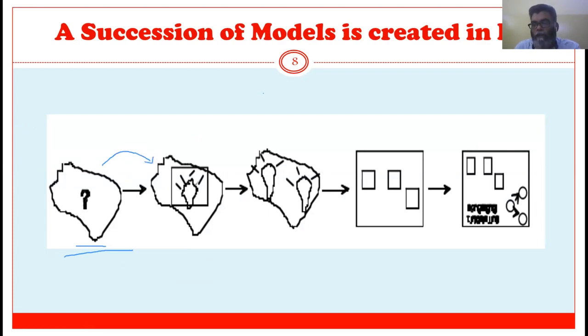From there, with more accuracy and more filtering, we come to this conclusion. And from there, with more and more practice and experience, we finally come up with a complete solution or complete solvable methods.